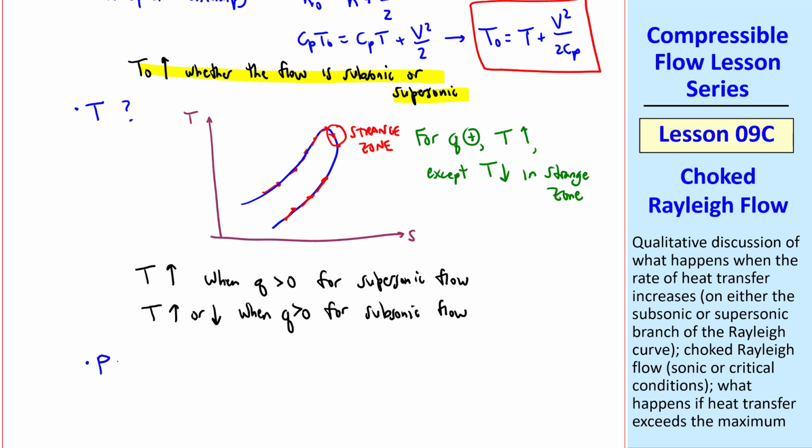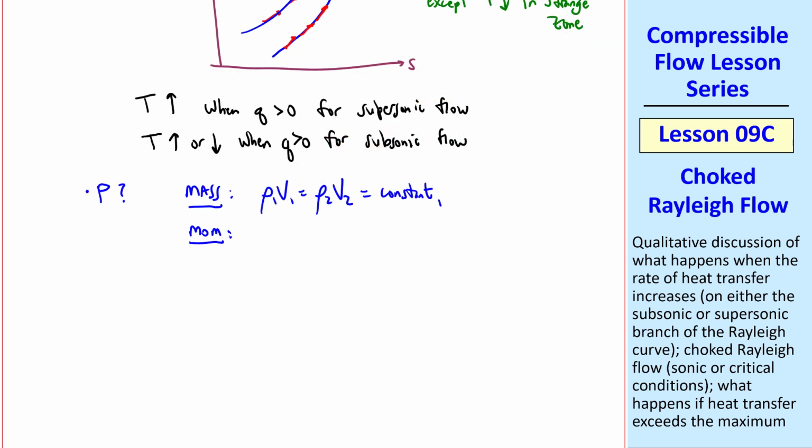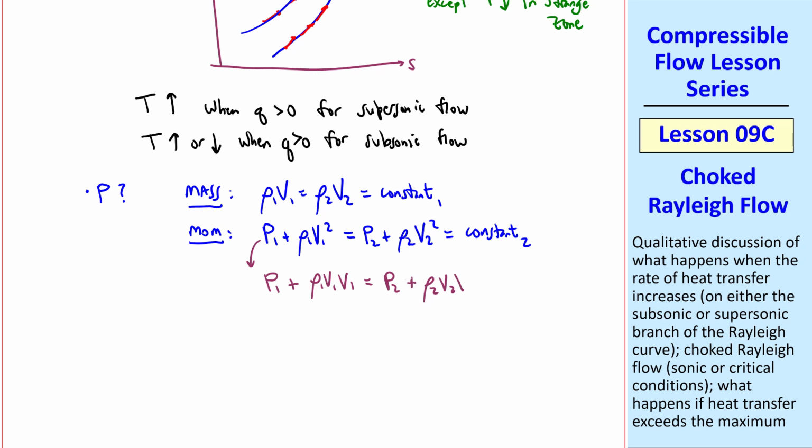What about some other variables like pressure? Our conservation of mass equation is ρ1 v1 equal ρ2 v2, which is a constant. I'll call it constant 1. And our momentum equation was P1 plus ρ1 v1 squared equal P2 plus ρ2 v2 squared, which is also a constant. I'll call it constant 2. I can rewrite this then as P1 plus ρ1 v1 v1 equal P2 plus ρ2 v2 v2 equal constant 2.